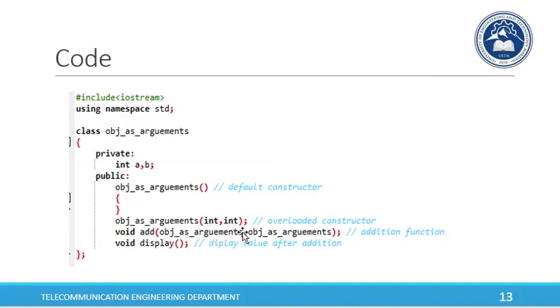So we are passing two objects, and the parameters are basically objects, not integers or anything else. Then the function void display will just display the value after addition.